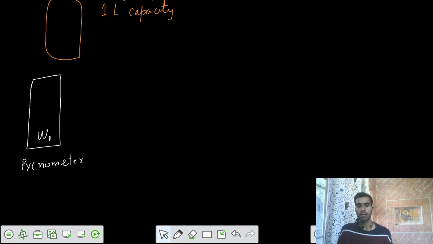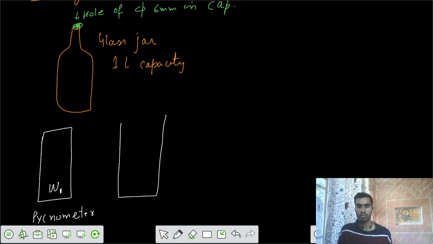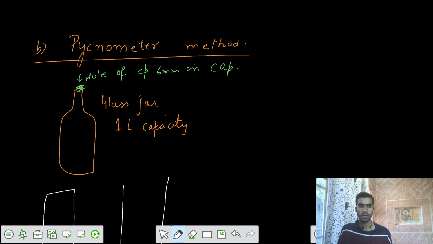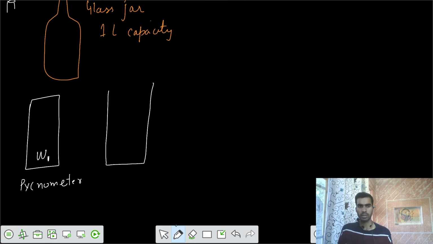Okay, after that we are going to place the soil inside from the top. Let's say we have placed some soil inside.